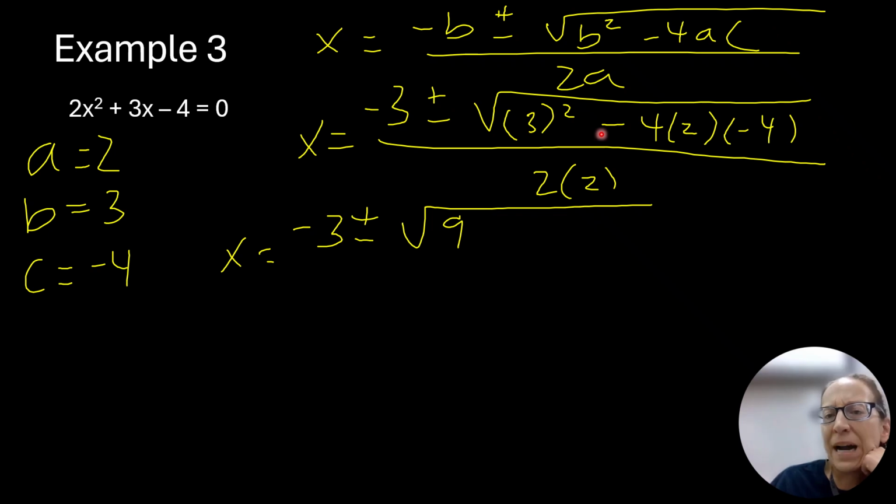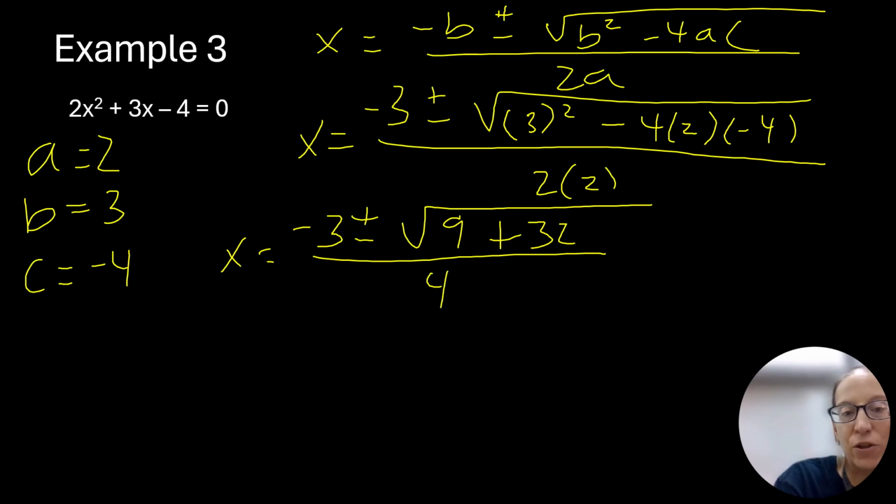So it'll be minus negative 32, because 4 times 2 times negative 4 is negative 32. Minus a negative is plus 32. Or you can think of it this way: negative 4 times 2 is negative 8, and negative 8 times negative 4 is positive 32. Either way, this is a positive 32.